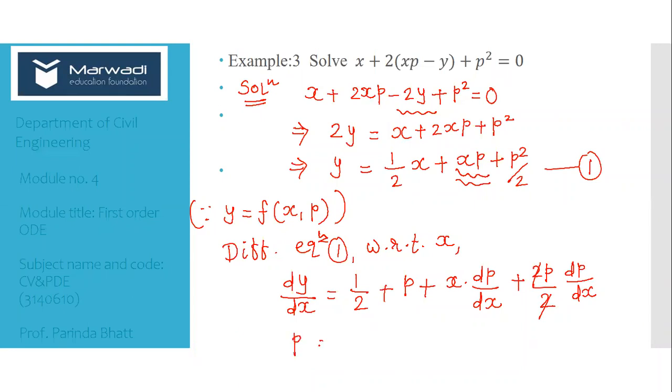Therefore p equal to 1 by 2 plus p plus x dp by dx plus p dp by dx. This is the differentiation. Okay. Now this p with the same sign on both sides, therefore this is cut out. Clear everyone up to this step?